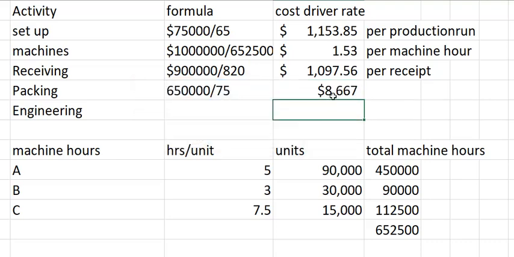So I'm taking out 8667. That should be per delivery.